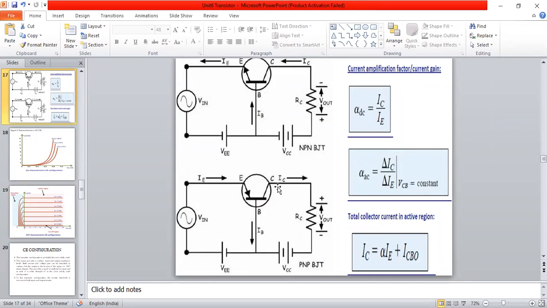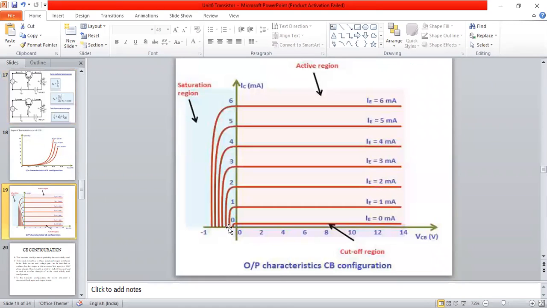The collector is connected to the negative and the base is connected to the positive. So this positive and negative becomes reverse. VCB will get a minus value, so it will start from a minus value only. That is the main reason here now.